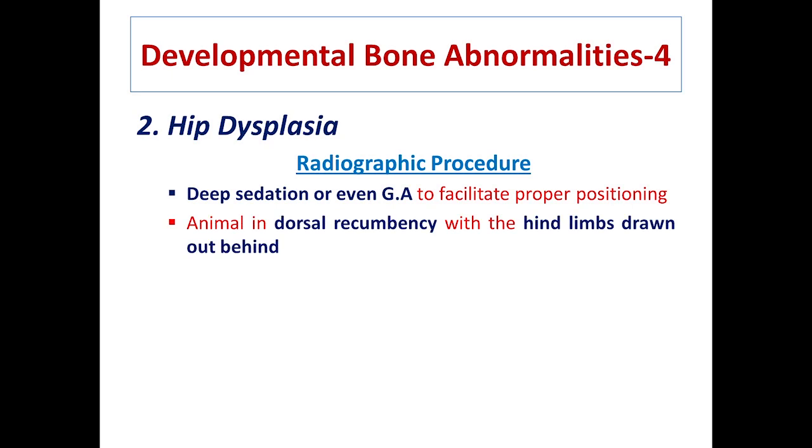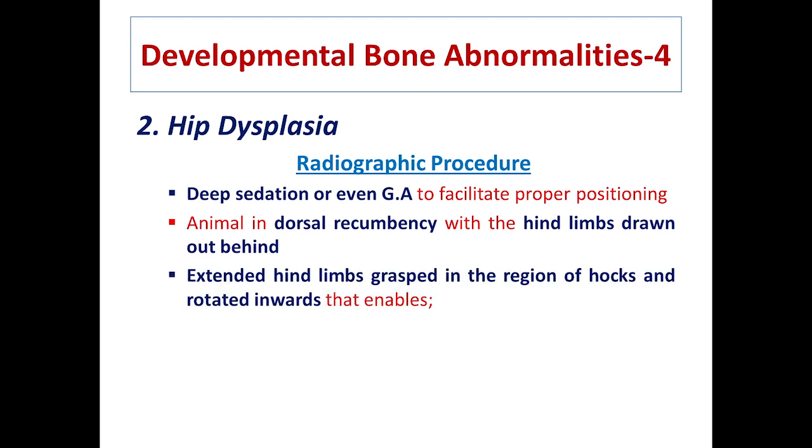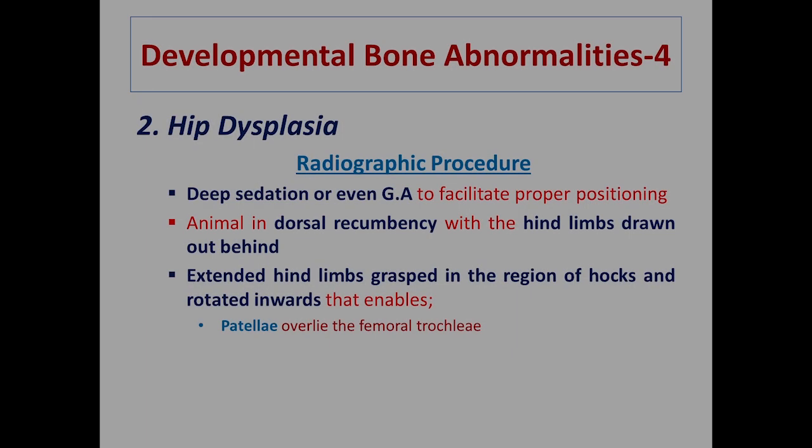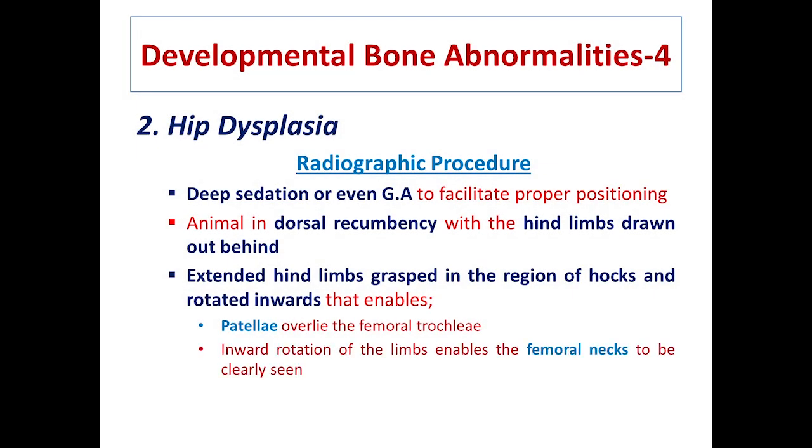After the sedation, place the dog dorsally with the hind legs drawn out behind. Now you have to grasp the hock joint, extend the limbs and rotate inwards. This enables the patella to overlie the femoral trochlea. It also helps inward rotation of the femoral neck to be clearly seen.